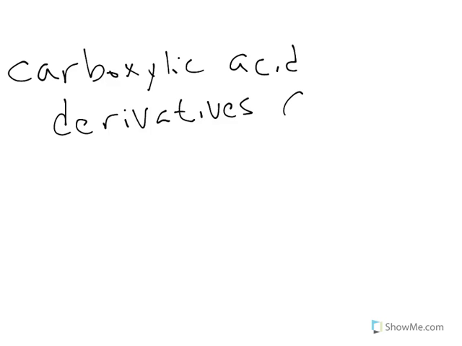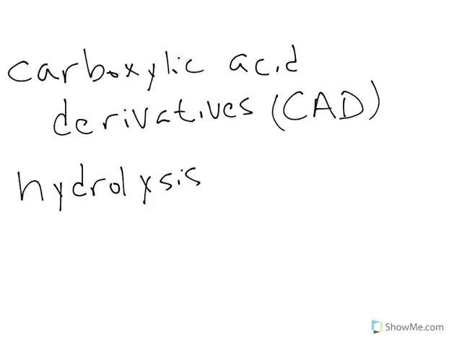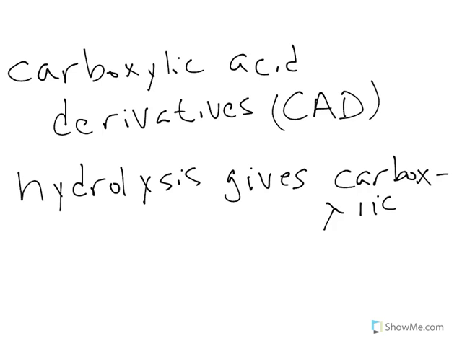which we're going to go ahead and call CAD for short. By definition, these are any organic compound that can be hydrolyzed to give a carboxylic acid. So when we say hydrolysis gives carboxylic acid, then we're talking about a CAD.